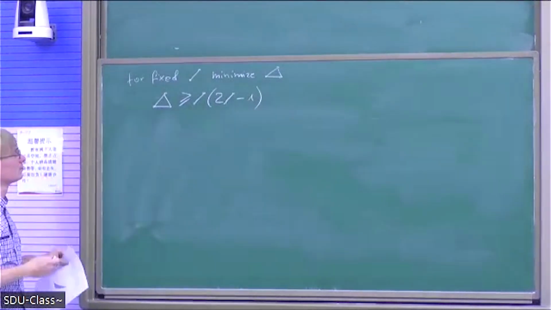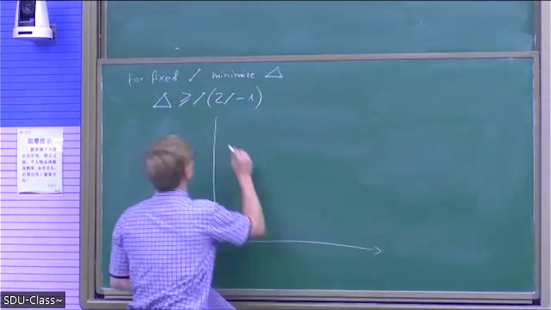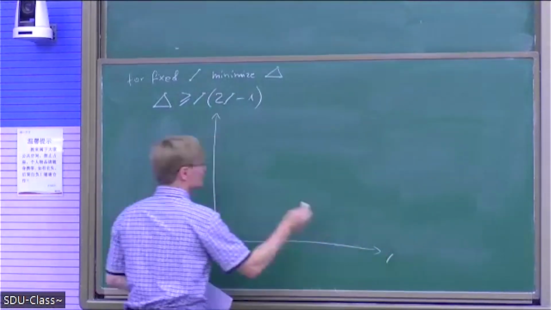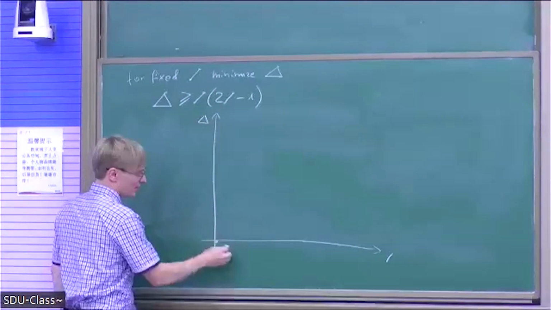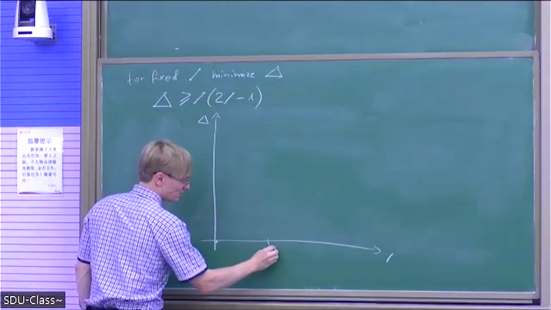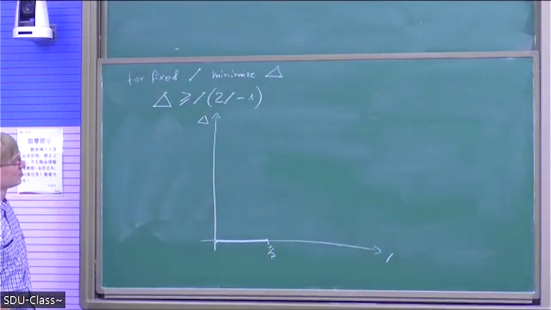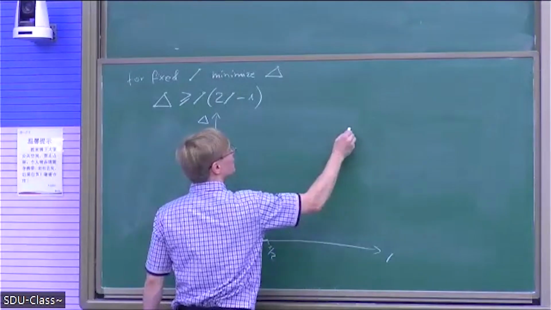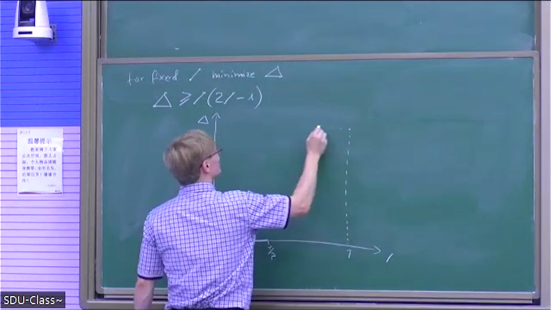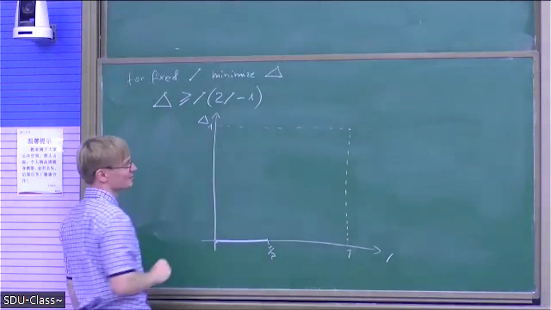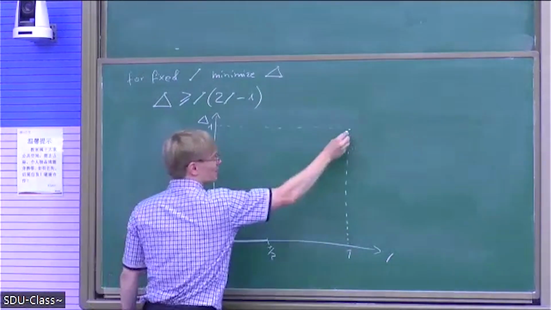So if I start drawing it, say here is edge density, triangle density, up to half. We know that the minimum is 0. Of course, when I have edge density 1, I need to have triangle density 1. And this bound is showing some curve.